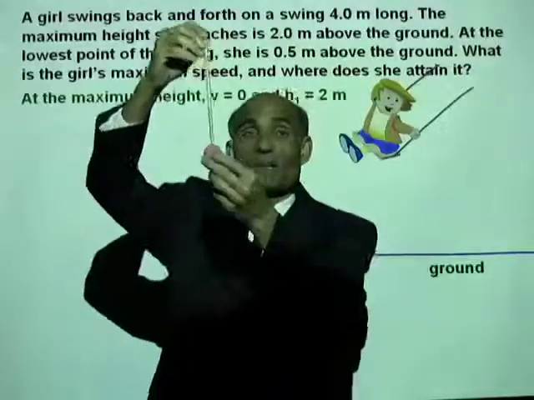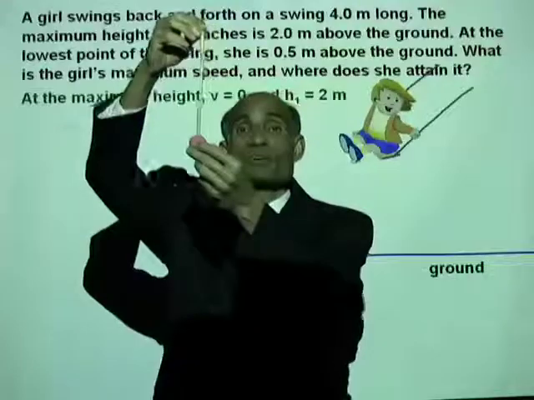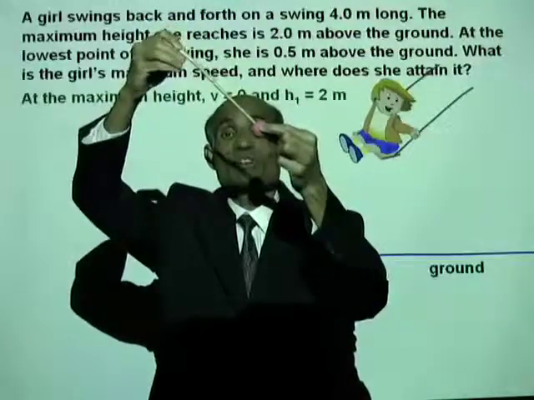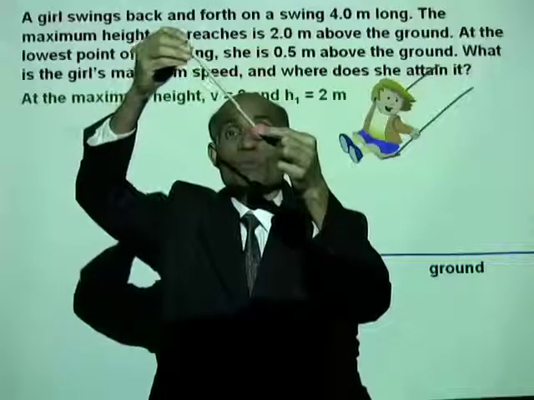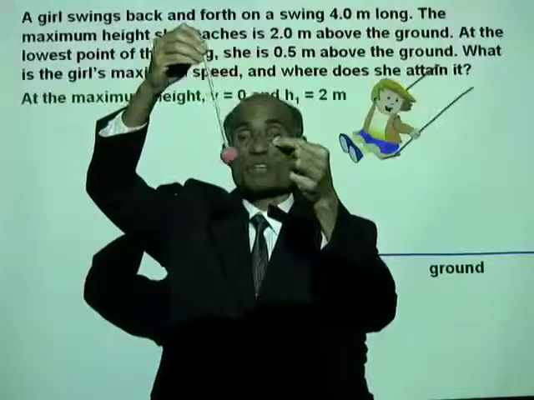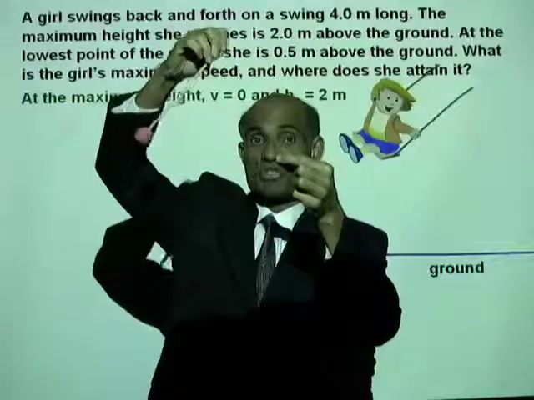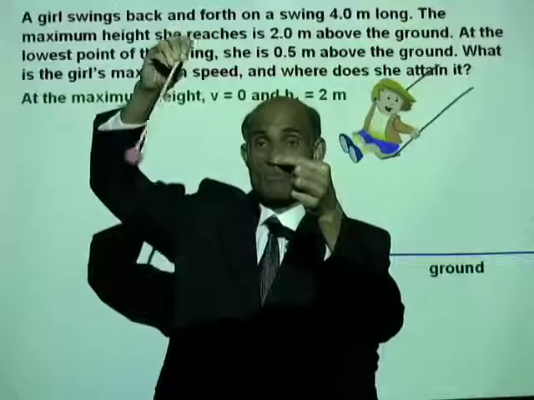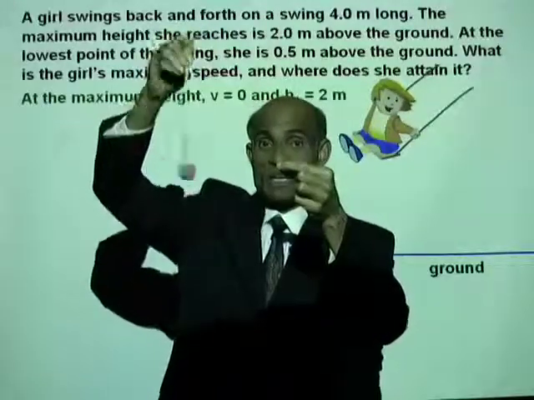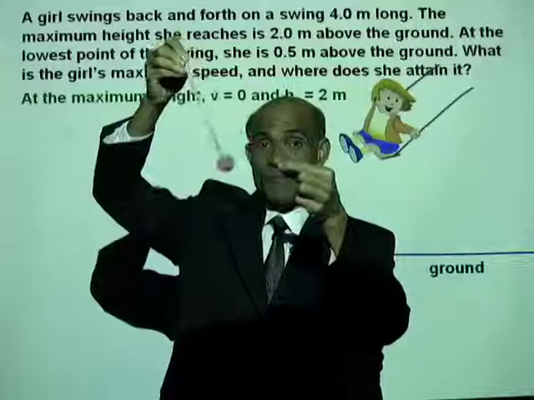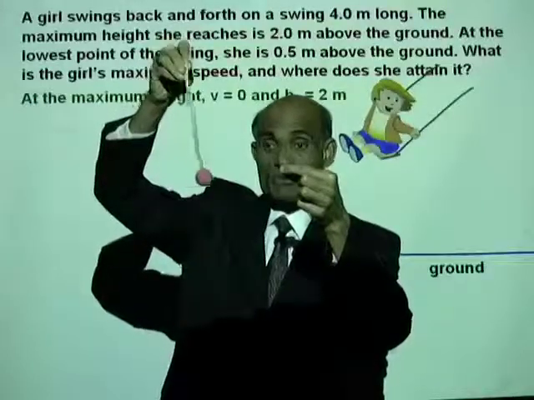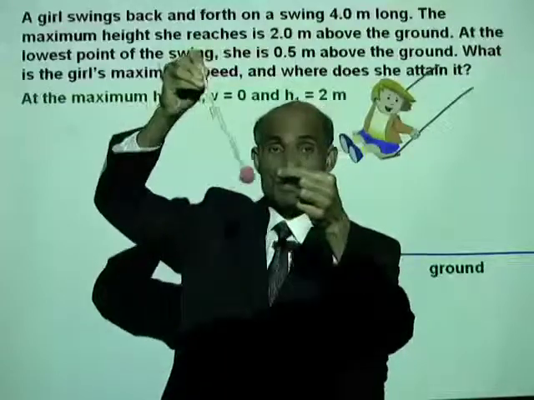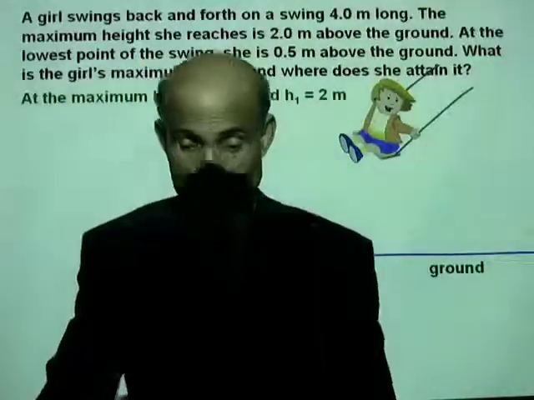You notice that what happens here is the swing is taken to a height. It has potential energy. When you leave it, the potential energy changes to kinetic energy, and that kinetic energy changes to potential energy, and the oscillation of the swing is simply the change in energy from potential to kinetic to potential to kinetic, and so on.